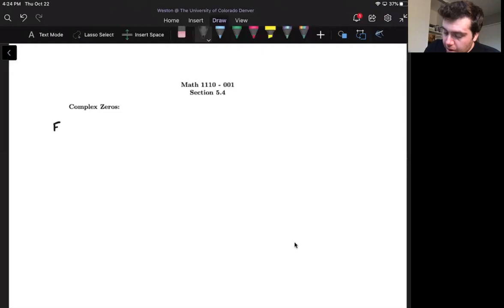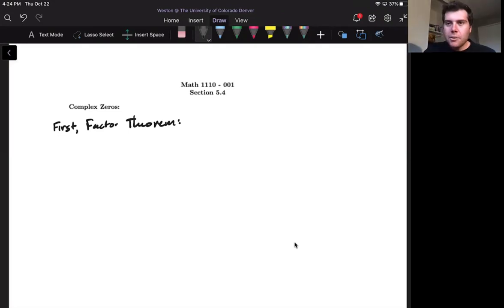So we're going to start with first reviewing a factor theorem. In section 5.3, we explored techniques for factoring roots out of polynomials.